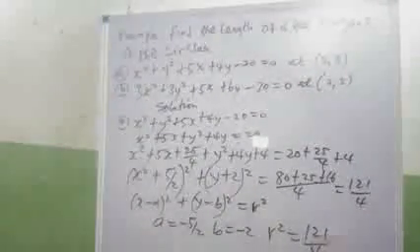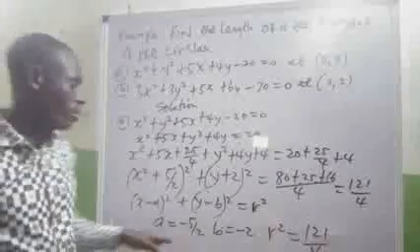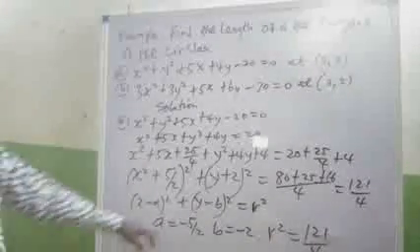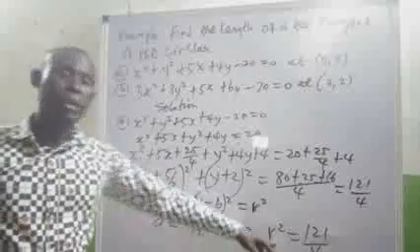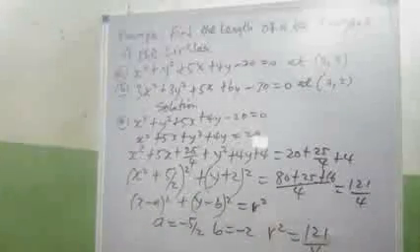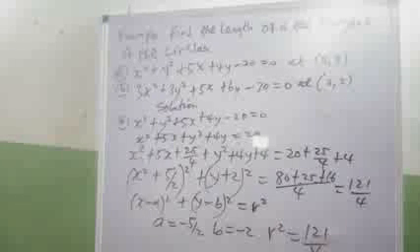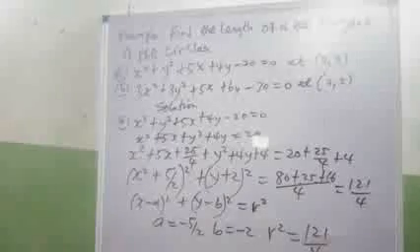So from here we've been able to get the center, the values of a and b, and we'll be able to get the value of r. So now, the next thing we need to do is to get the value of p.